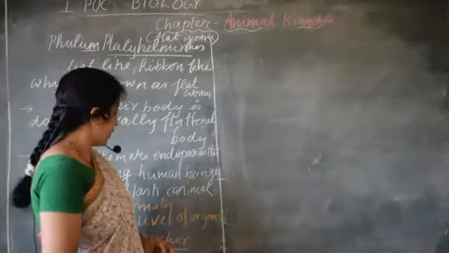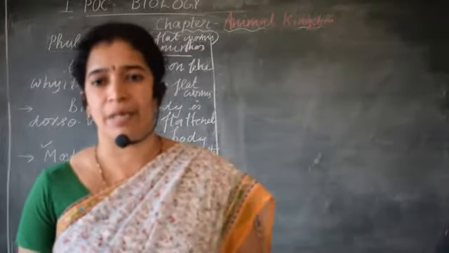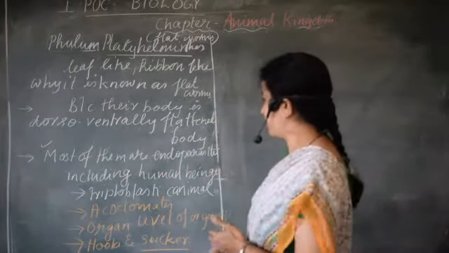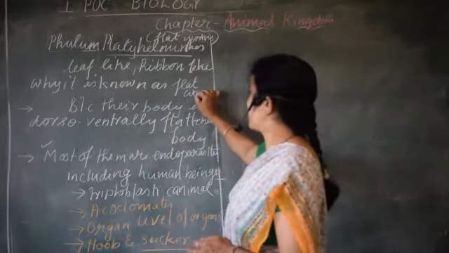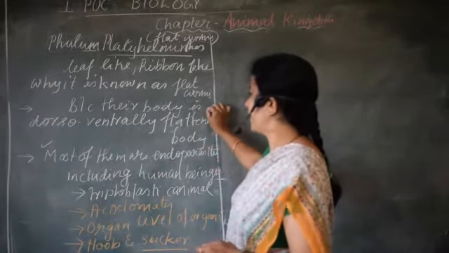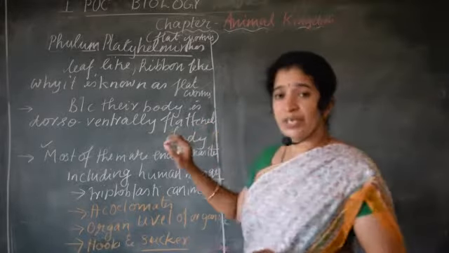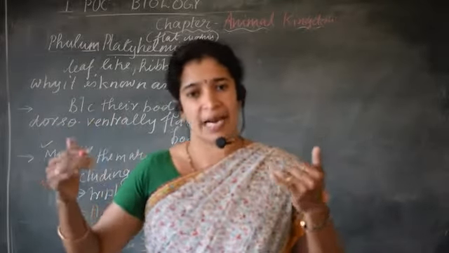So we will continue the characteristic features of phylum Platyhelminthes. Here we discussed why it is known as flatworms, because their body is dorsoventrally flattened. Dorsoventrally means any animal will have a dorsal side and a ventral side.